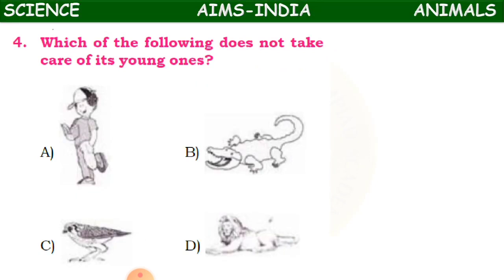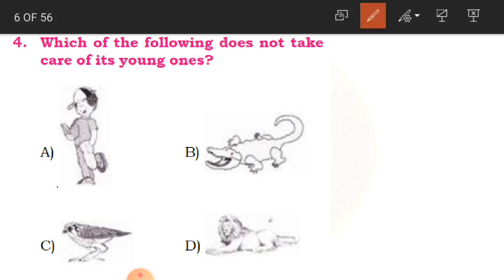Which of the following does not take care of its young ones? Here you are given 4 pictures. A is a human being, B is a crocodile, C is a bird, D is a lion. From these 4 creatures, which does not take care of its young ones?